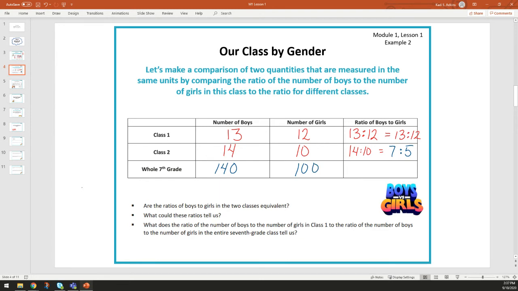And I need to think about if I can reduce that down. That original ratio is going to look like 140 to 100. And if you're noticing anything from your class number 2, this is going to be something that I can simplify or reduce down to a simpler ratio.